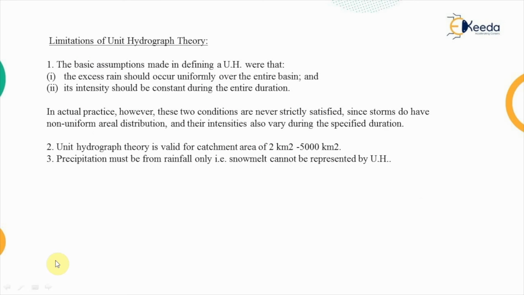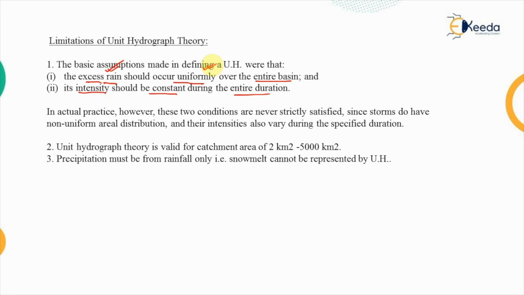Then what are the limitations of this theory? Just now we have made two basic assumptions: that the excess rain is uniform over the entire catchment area and the intensity is constant during the entire duration. Now, this is a very practical observation that you might have made, that it is not possible to keep the rainfall uniform over the catchment area.